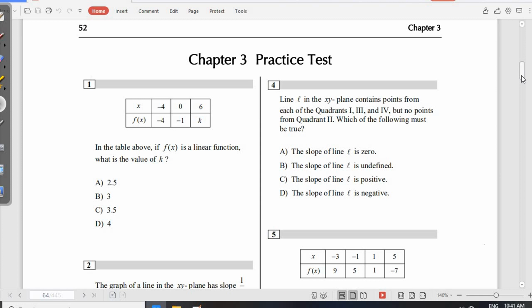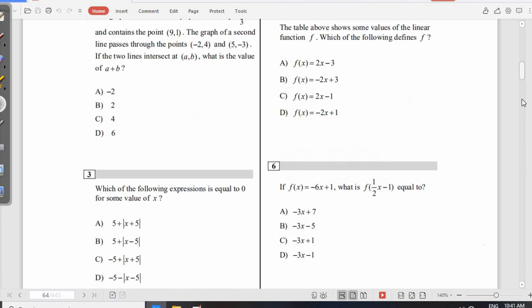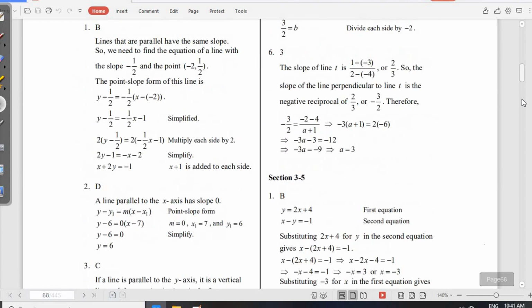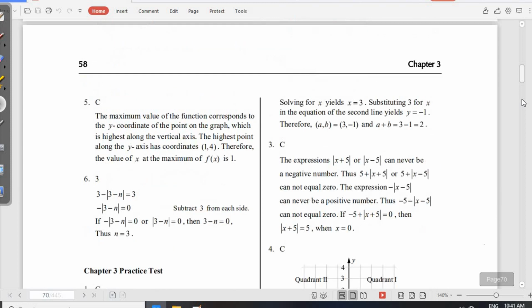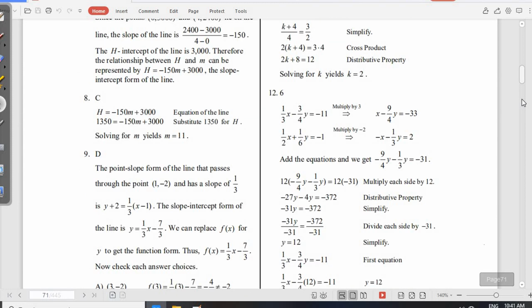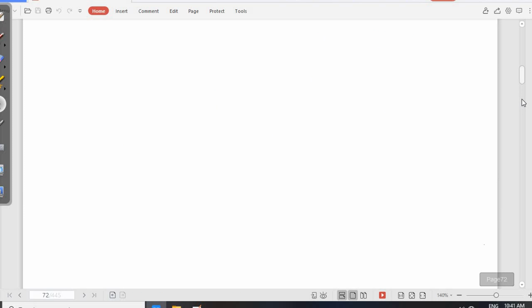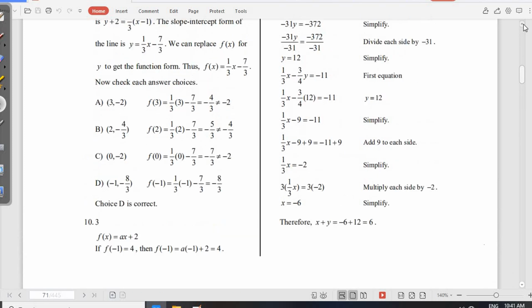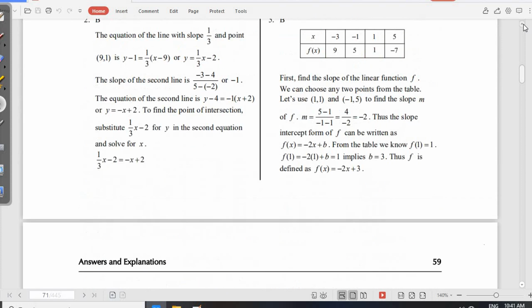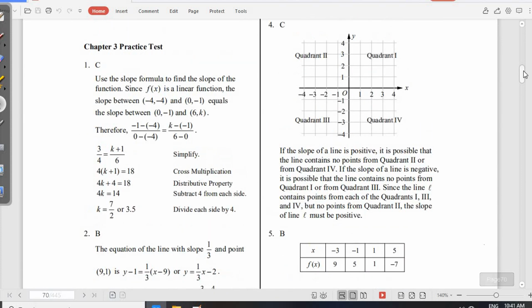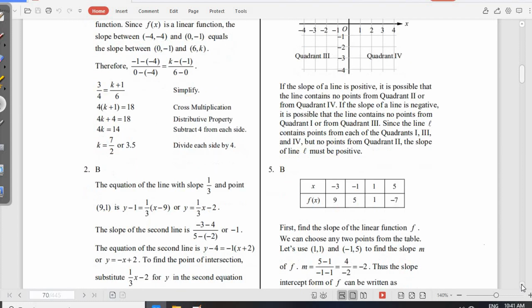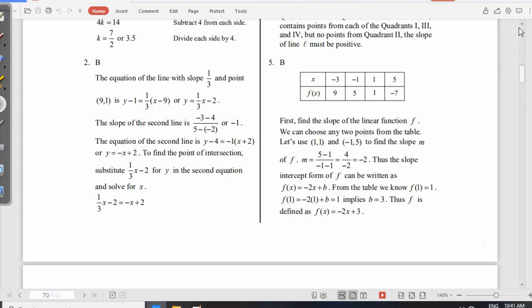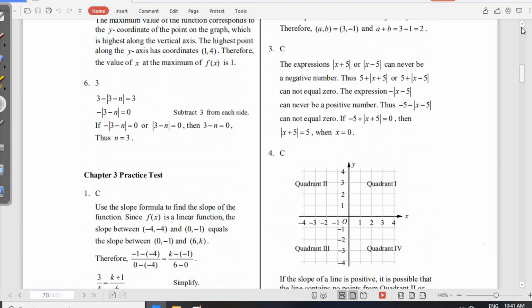Alright, once you're done solving that, these are the answers to the questions in your test. So don't watch it until you're done, and mark yourself. So number 1 is C, number 2 is B. These are your answers.